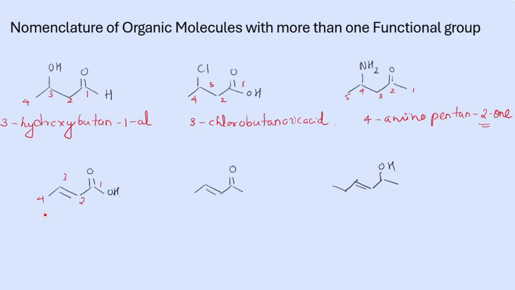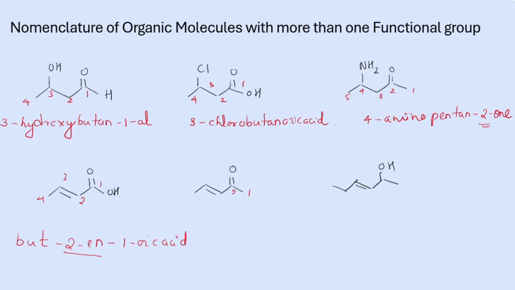Always carboxylic acid, as it is a principal functional group. That means you can call this as but-2-ene-1-oic acid. So that means it's basically butenoic acid. Many students miss out this alkene part, so please remember it's a butenoic acid.